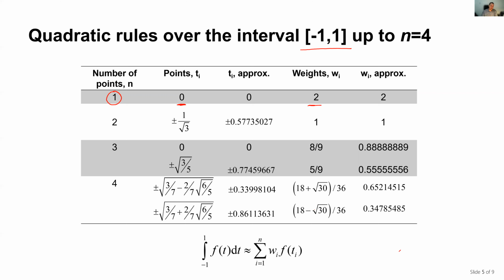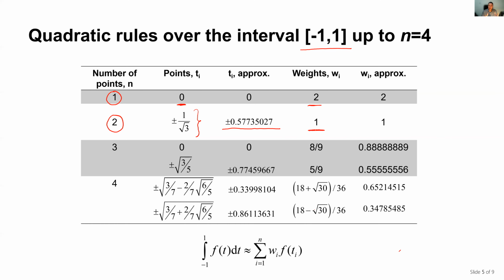If we use two Gauss points, in this case here, then we have 2 points to use, which are defined here. The first point is -1 over square root of 3, and the second point is +1 over square root of 3. And these here are the approximate values, plus or minus 0.577, etc. In this case, we have 2 points, and the weight for each point is 1.